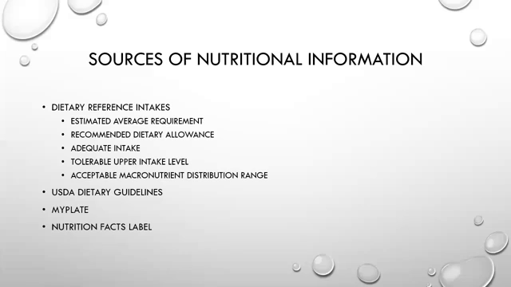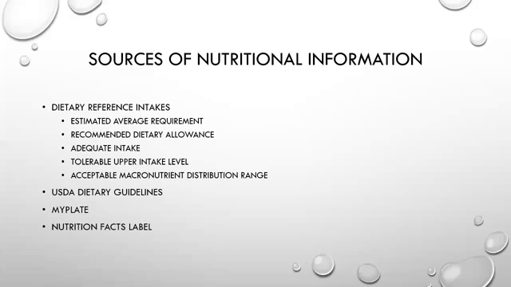USDA dietary guidelines are intended as a primary source of health information for nutrition educators, policymakers, and other healthcare providers. They're based on scientific evidence and provide information about choosing a nutritious diet, maintaining a healthy weight, achieving adequate exercise, food safety, things like that. These dietary guidelines are updated every 5 years.